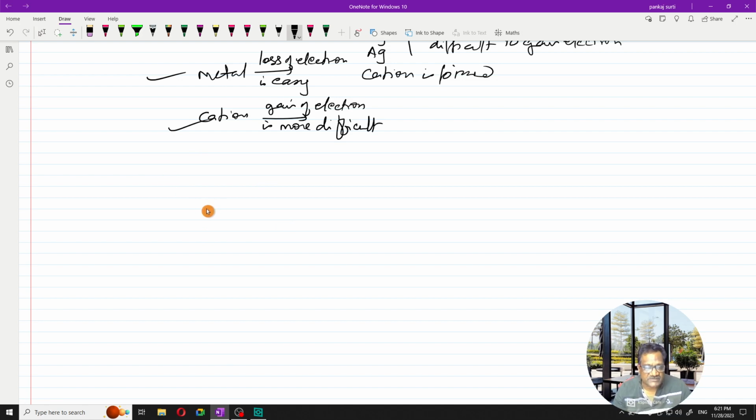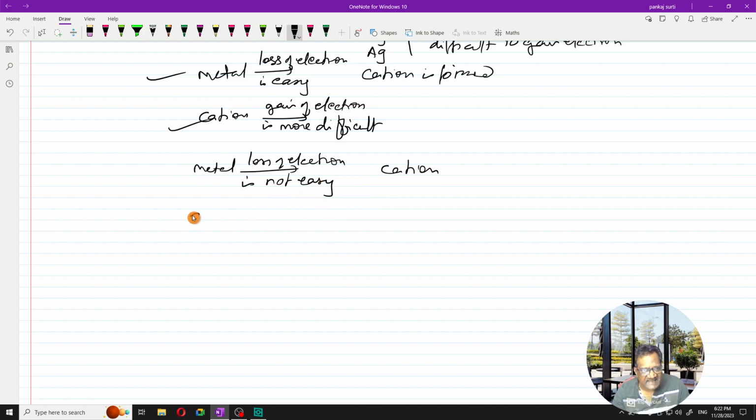Now the opposite of this is also true. Suppose you have a metal, and suppose the loss of electron is difficult, or you can say is not easy. Of course it is not easy, but then cation will be formed.